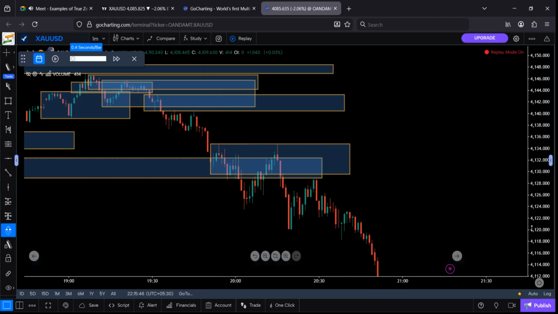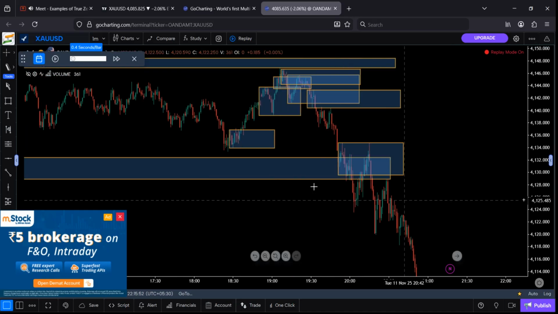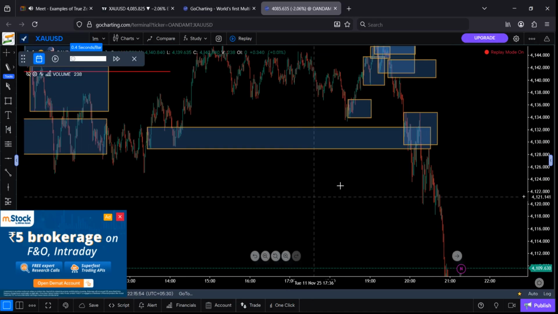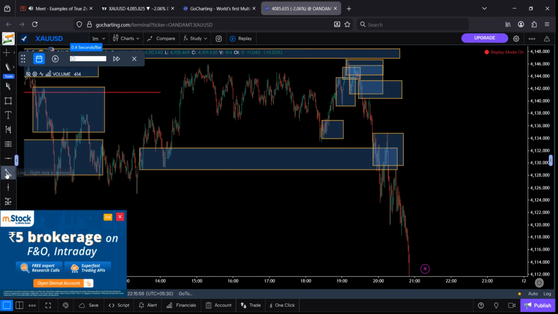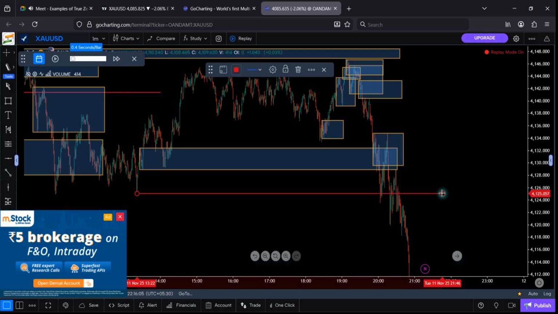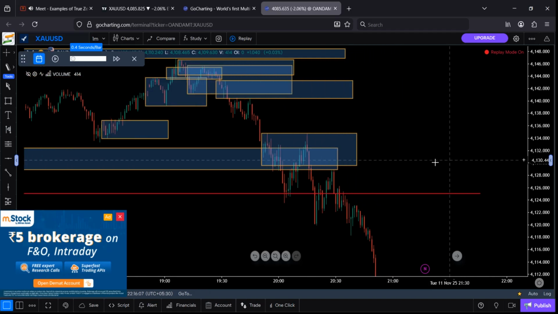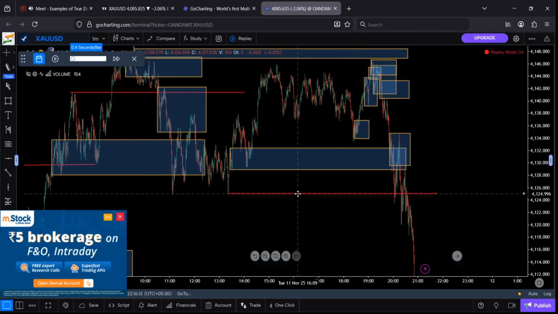Okay, you look at here. This one will be our DP, and what we will do is wait for the price to break this low. When price goes back again to the DP here, this is engulf.